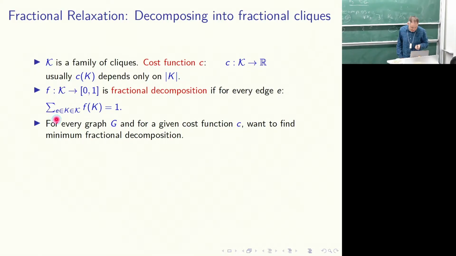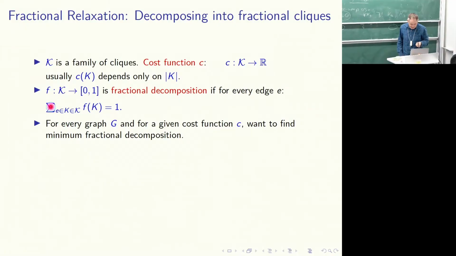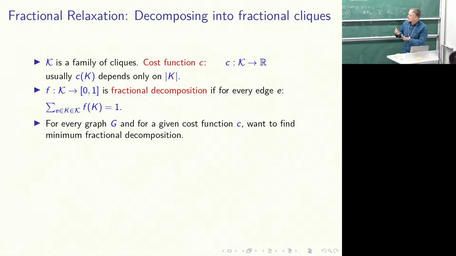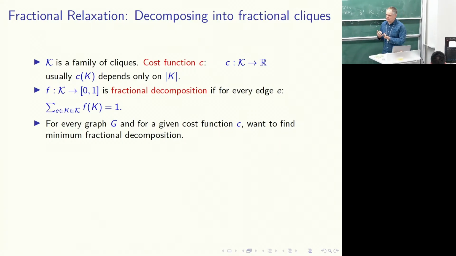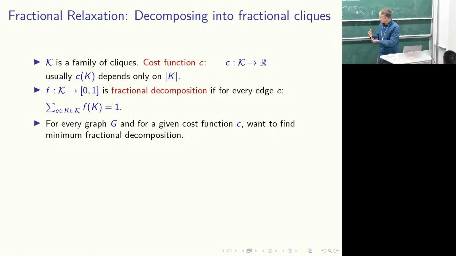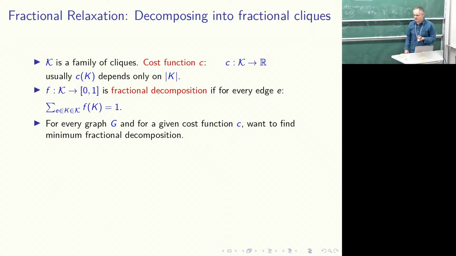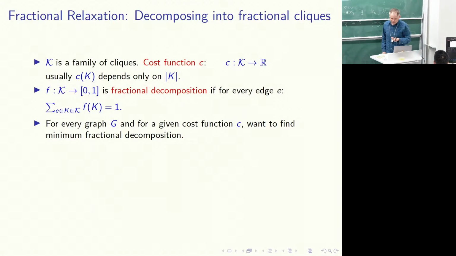And if we want to decompose the edge set, then for every edge the total weight of the cliques which contain this edge is exactly 1. If we just have a decomposition, then the weights are 0 and 1 because the clique is either counted or not. The fractional version is that they don't have to be integers.